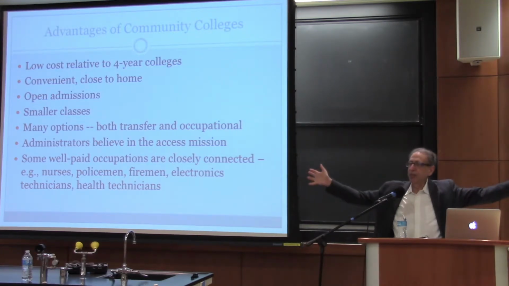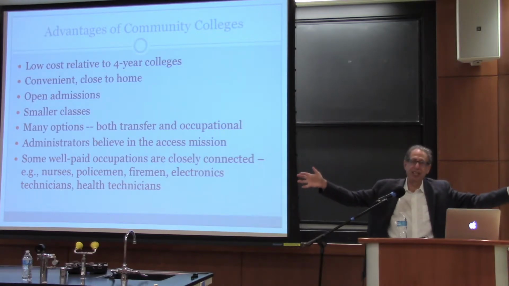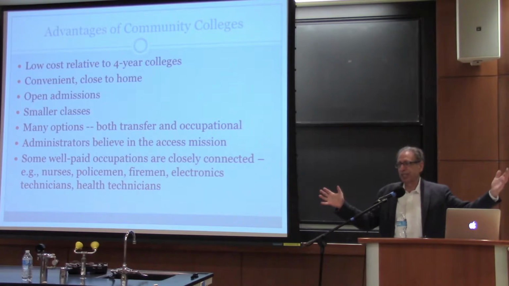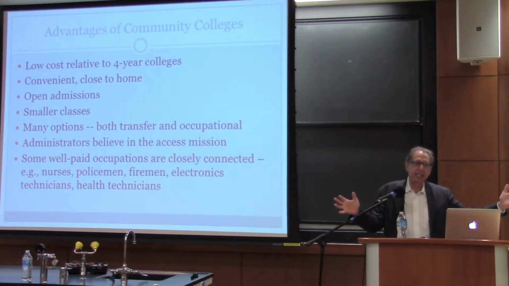Okay, well, most of you know the advantages of community colleges. You've probably all thought about almost all of these, right? They're low cost relative to four-year college tuition. They're convenient, they're close to home. Many people live at home while attending community college. They're open admission, so you don't have to have any particular grade point average to get in.